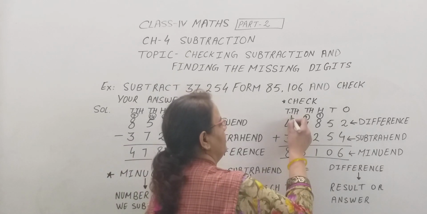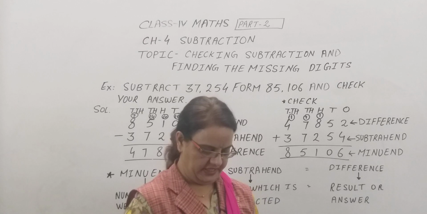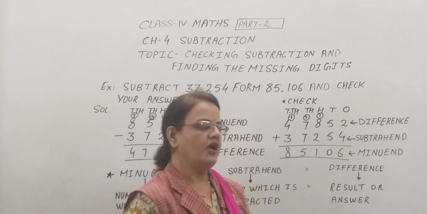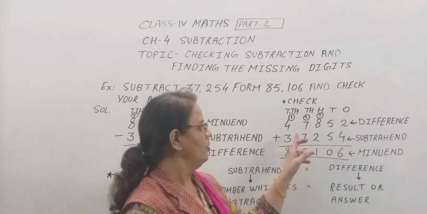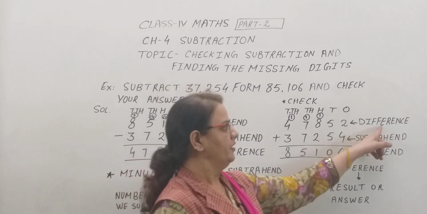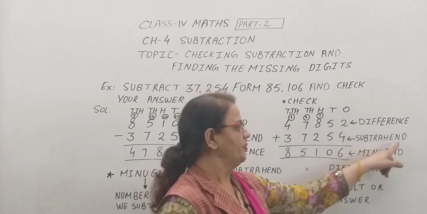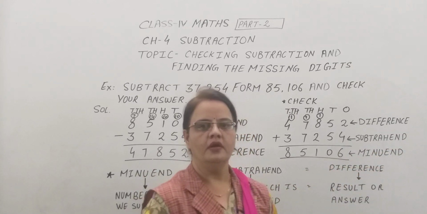Again carry forward 1. 4 plus 3, 7. 7 plus 1, 8. So our answer is 85,106. So when we check our answer, first we write down the difference, then we add the subtrahend, so we get the minuend. Clear to all?